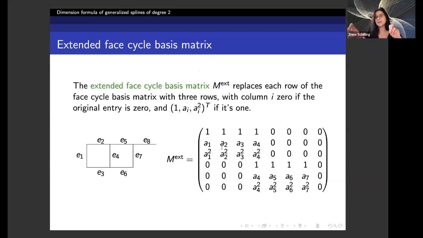The squares of these numbers also had to add up to 0, or a linear combination of this. That is given by the third row, and then you do that for every cycle, and that gives you this extended cycle basis matrix. Okay, so those basically now capture our conditions for these coefficients.